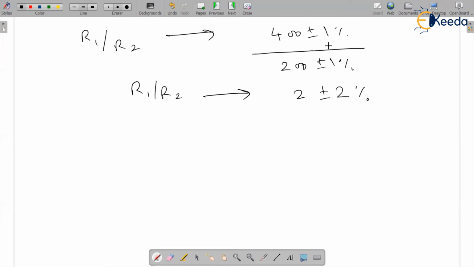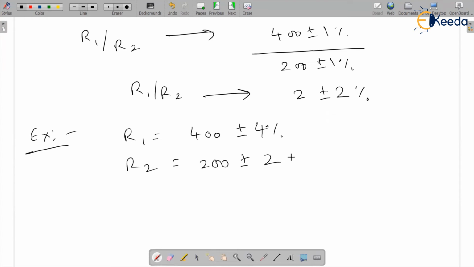That is, irrespective of operation, you should add all individual errors. Okay now. So then next example, R1 is equal to 400 plus or minus 4 percentage, and R2 is equal to 200 plus or minus 2 percentage. I am asking R1 plus R2.